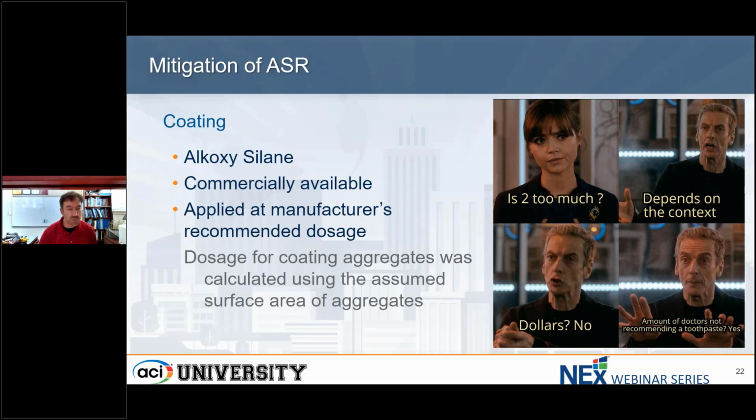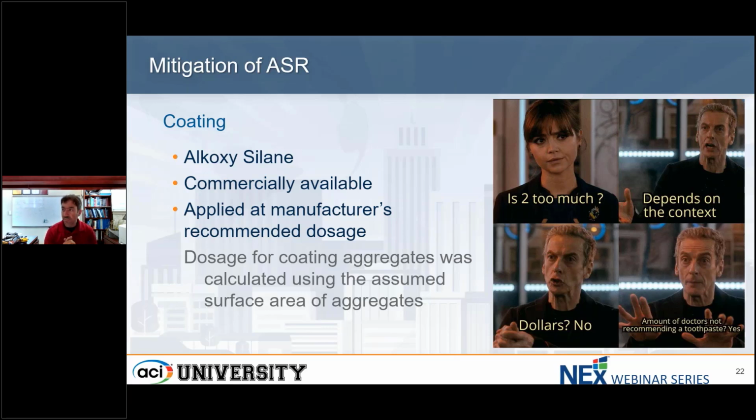And so we took the gradation of the sand we used, made a few assumptions, and estimated the surface area of that sand, and then used the dosage recommendation from the manufacturer and applied that amount of sealer to the sand material as we mixed it up.